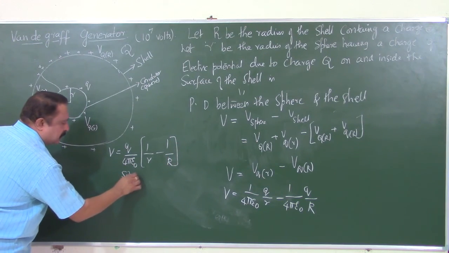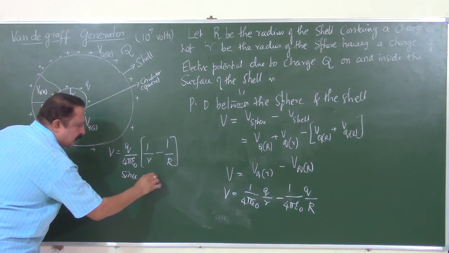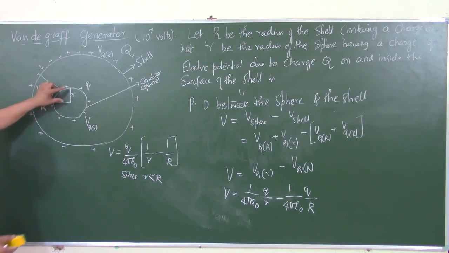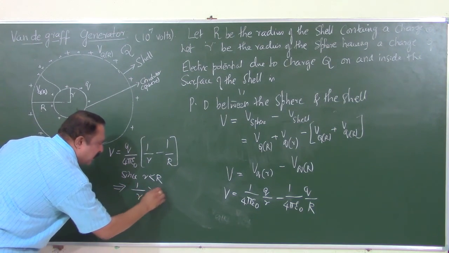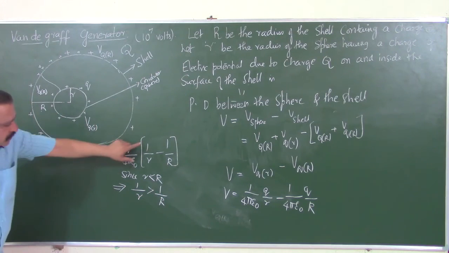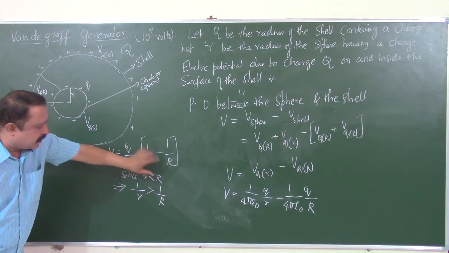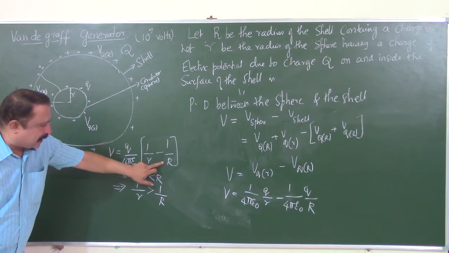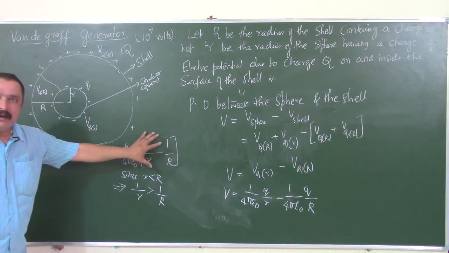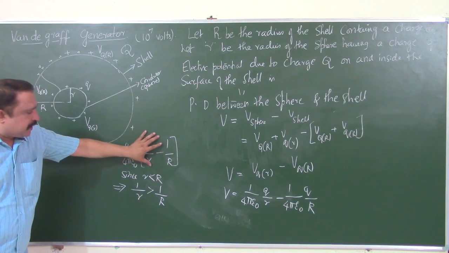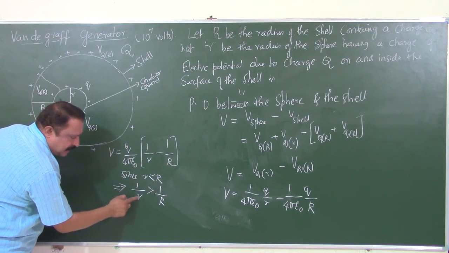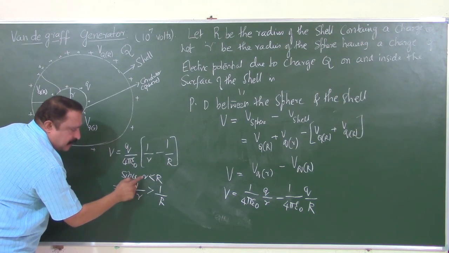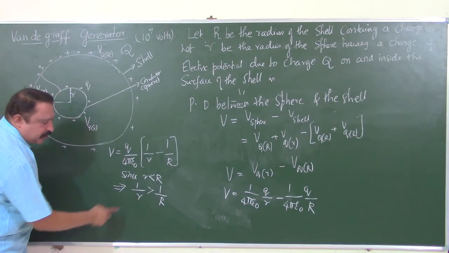Now, since small r is less than capital R, small r obviously is less than capital R, it implies that 1 by r is greater than 1 by capital R. So, this 1 by r is bigger than this quantity. Since 1 by r is bigger than 1 by capital R, this quantity is going to remain positive. Since r is less than R, the reciprocal ratios change.